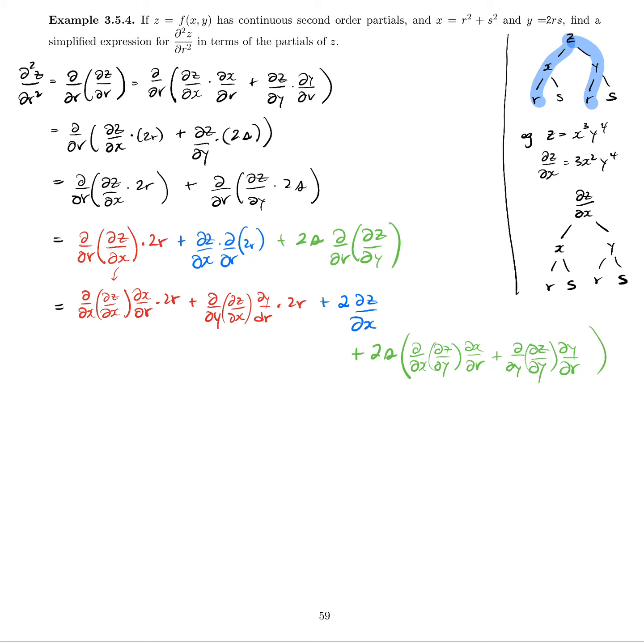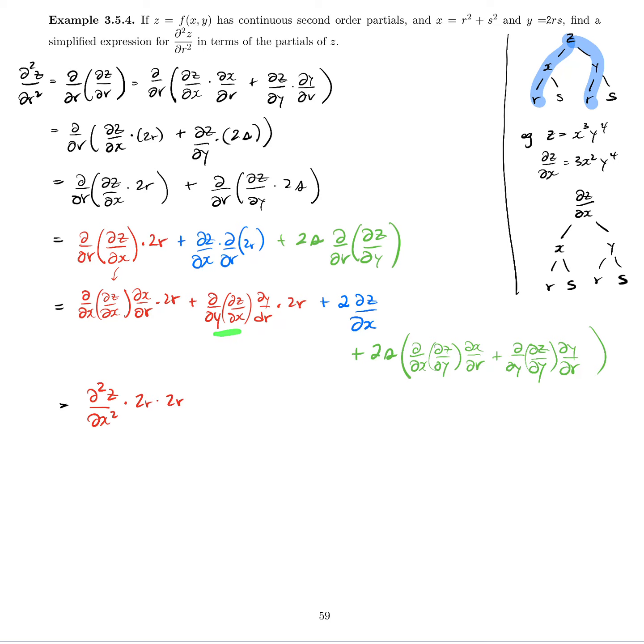Now we can clean this up a little bit. This first term here, that notation is exactly what we would have written as ∂²z/∂x² times, and we know ∂x/∂r is 2r, so times 2r, which is already there.